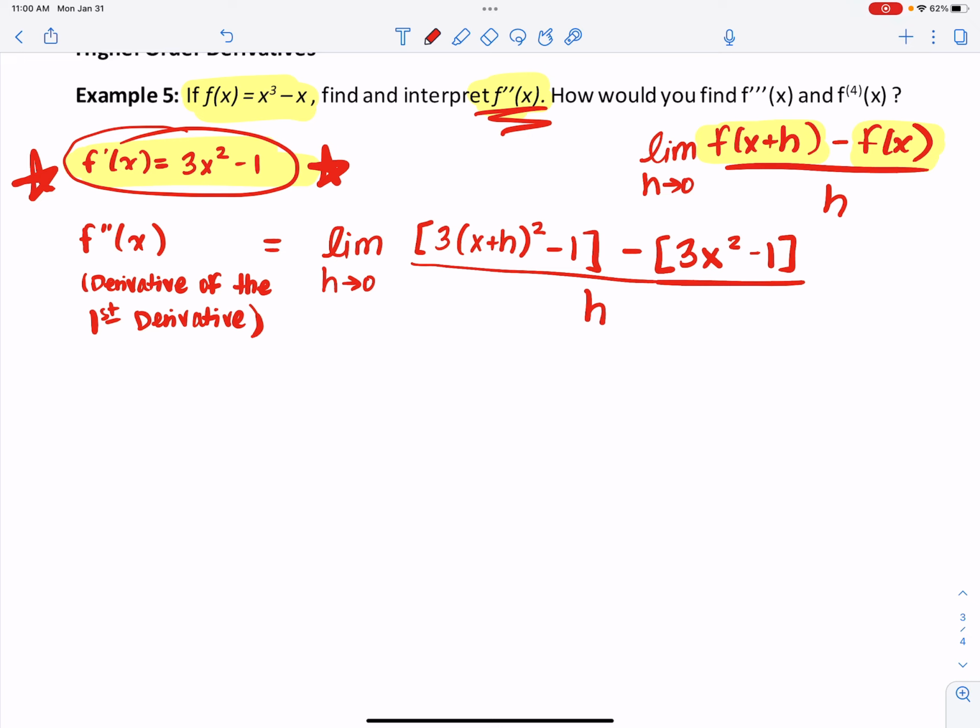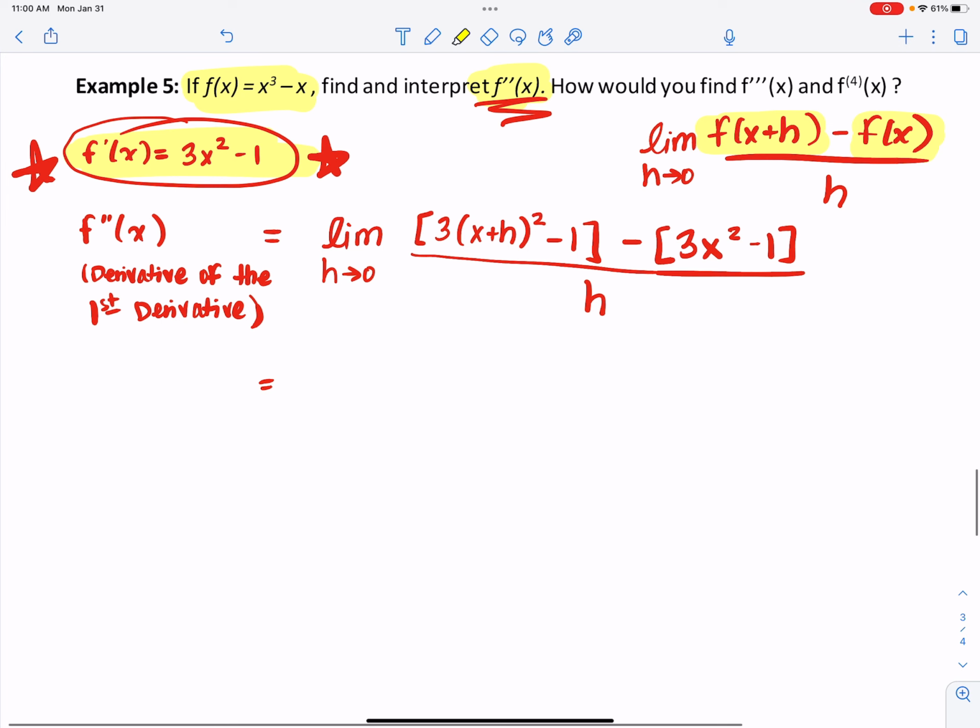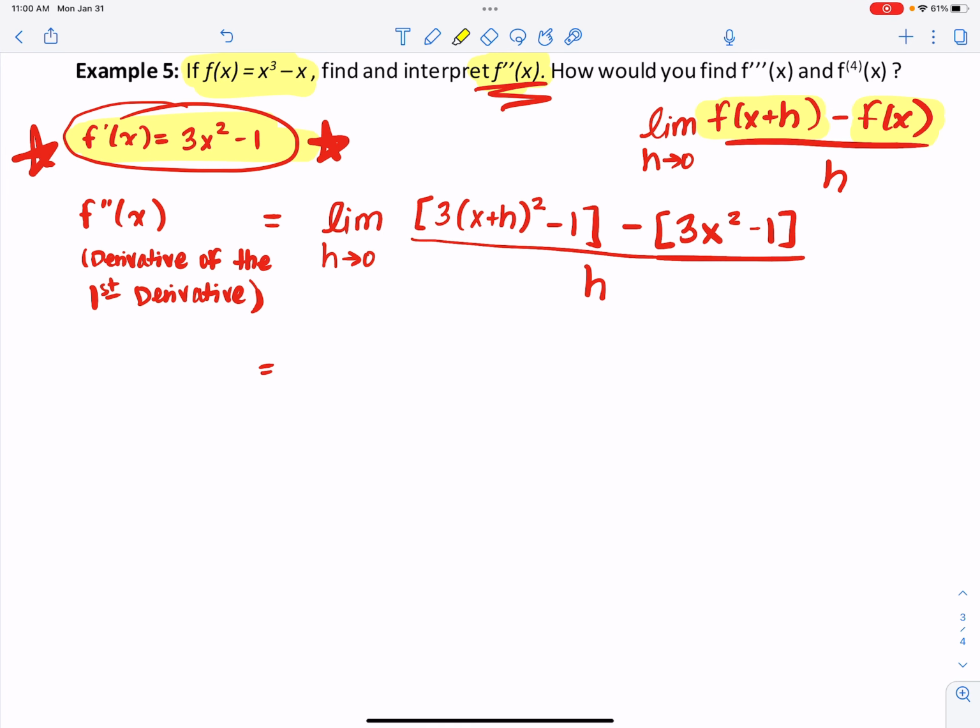And then you would just simplify. Obviously, you can't direct substitute 0 in for h right away because you would get an undefined denominator. So you'd have to do some of the algebra and simplify that. So let me see what I get. The limit as h approaches 0. On the numerator, we get 3, and you can FOIL this out, x plus h squared.